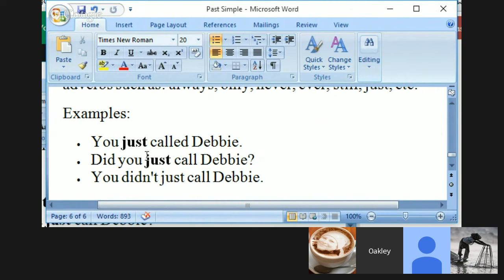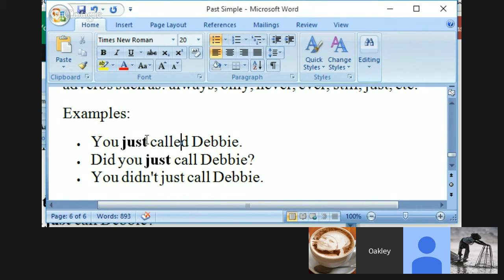Always remember that this is the safe place to put an adverb if, of course, the adverb is meant to modify the verb. Did you just call her? Just, as in just now. That's where it belongs, right in front of the verb.